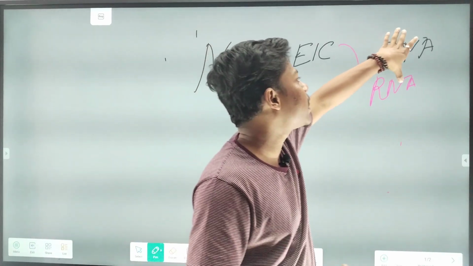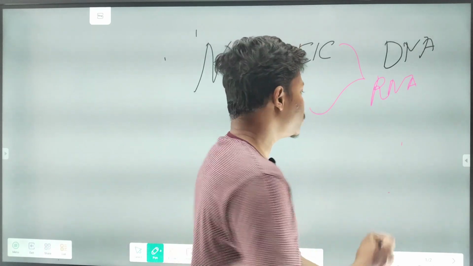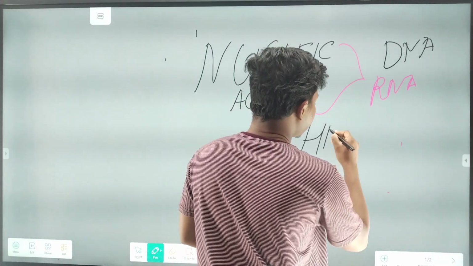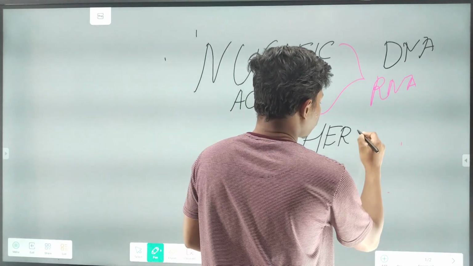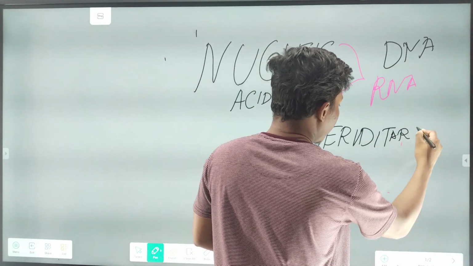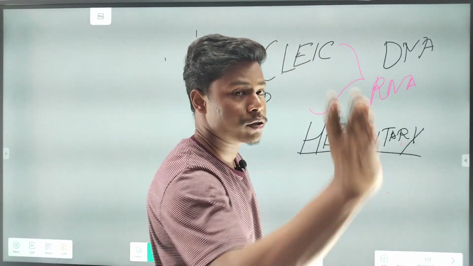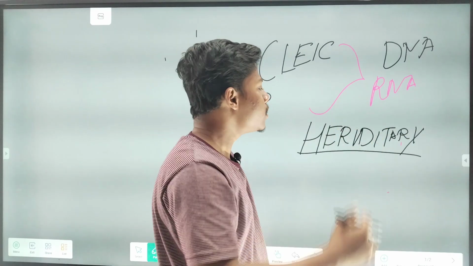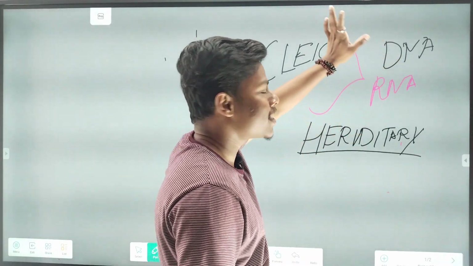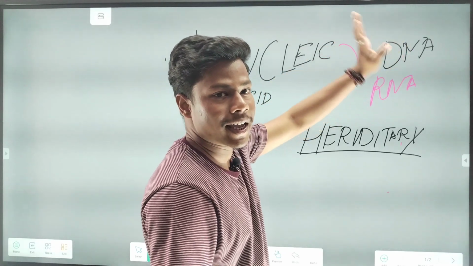So basically DNA and RNA are required for life, as well as being part of your hereditary system. Hereditary system means transmission of characters from your parents to the offspring, from you to your child. This transmission of traits goes by your DNA and RNA.